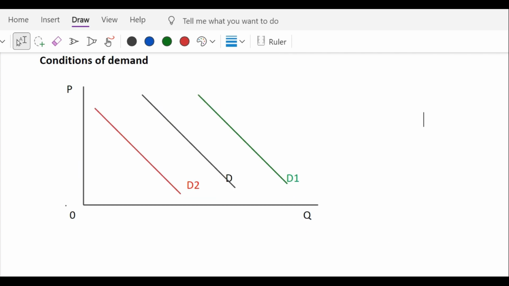So let's assume that the original demand curve is D. If there is a shift to the right in the demand curve, that's an increase in demand. But if there is a shift to the left in the demand curve, that's a decrease.